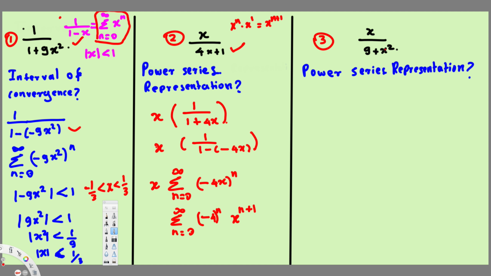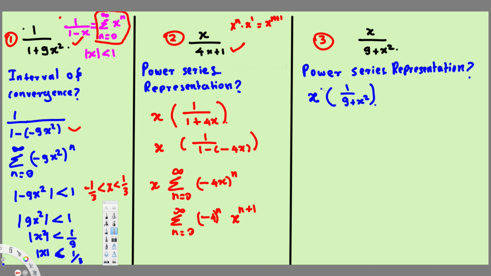Now let's see how we can do this for the next one. Same approach. We take negative x common, we factor out x, so this is going to be x times 1 over 9 plus x squared, and then in the denominator we have to have 1 minus x, right?